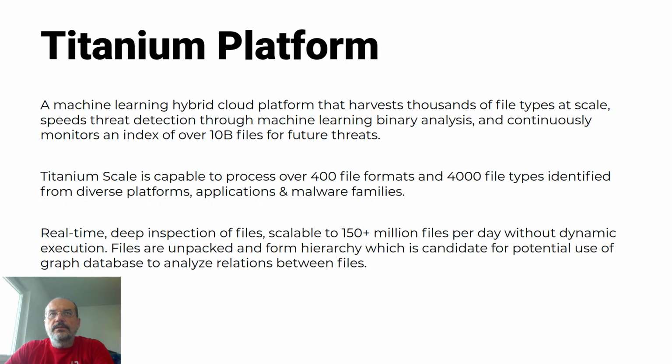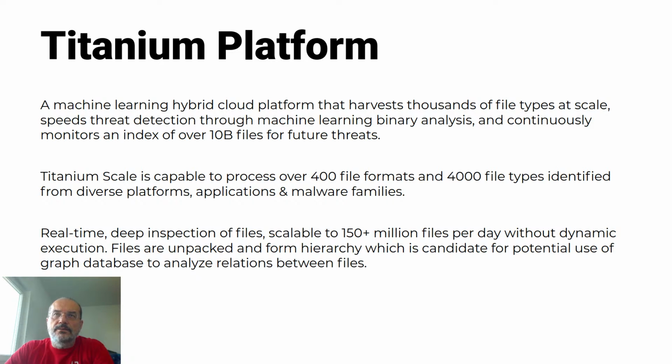Titanium Scale is a workhorse and is capable to process over 400 file formats and 4,000 file types identified from diverse platforms, applications, and malware families. Real-time data inspection of files, scalable up to 100 millions of files per day without dynamic execution.